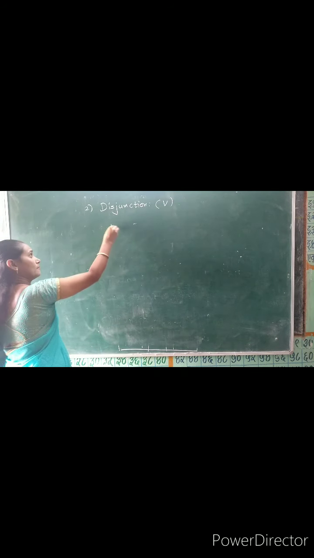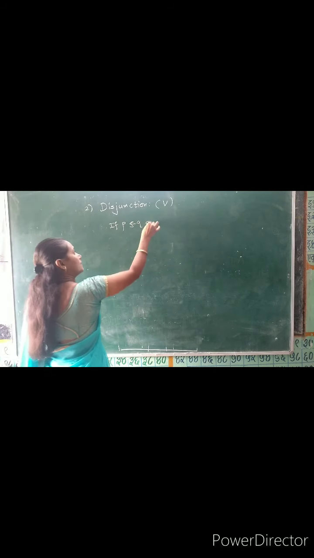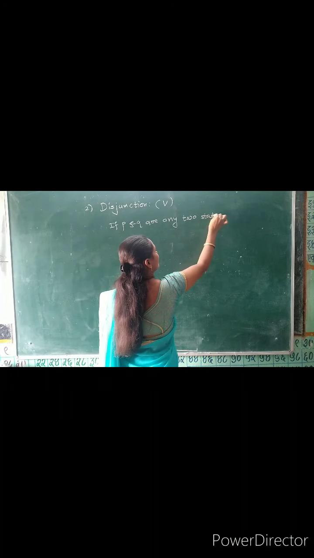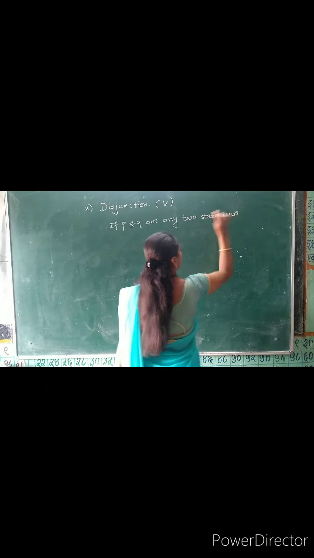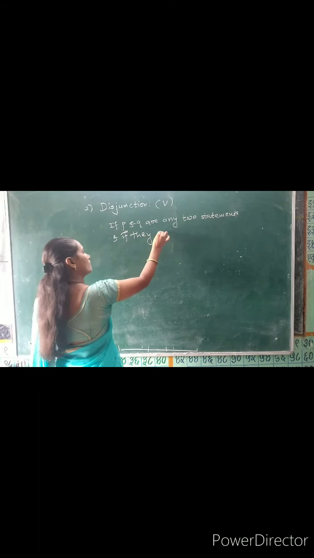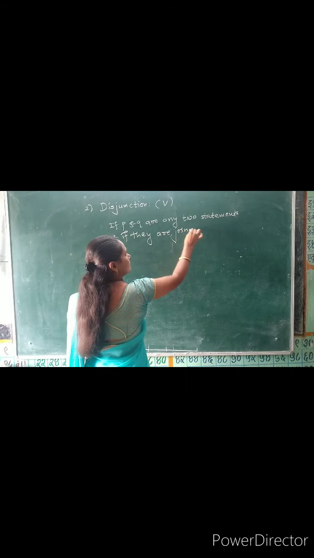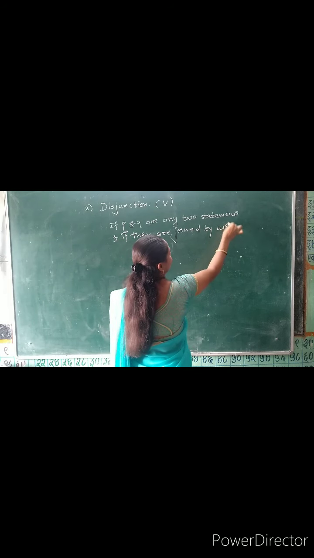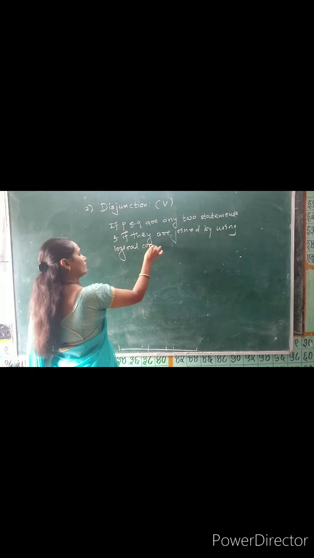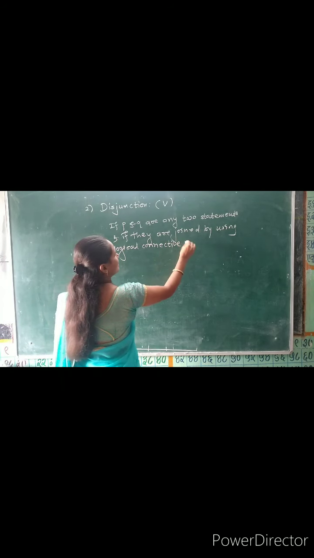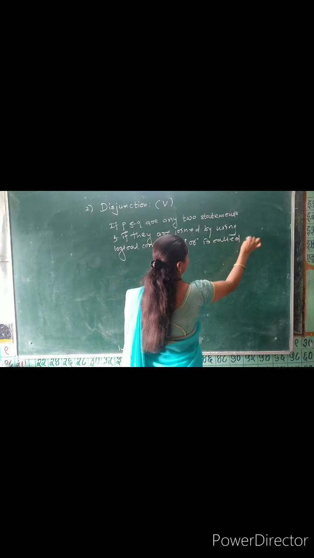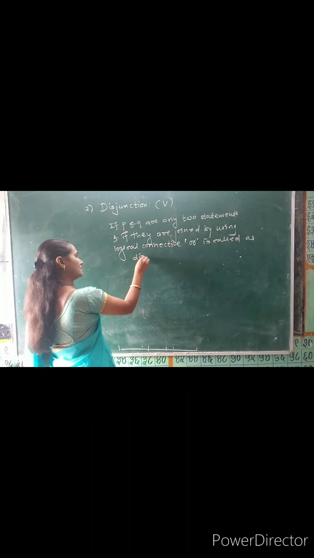If P and Q are any two statements, and they are joined by using the logical connective "or", it is called a disjunction.